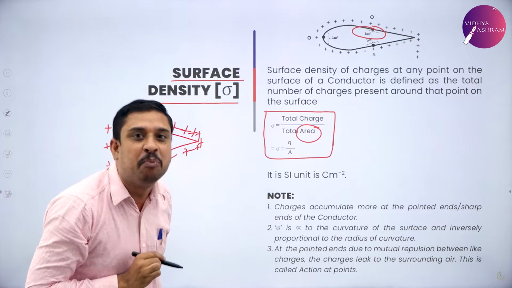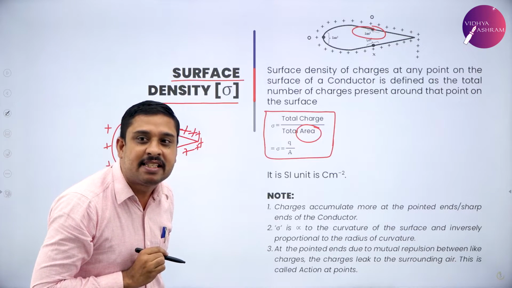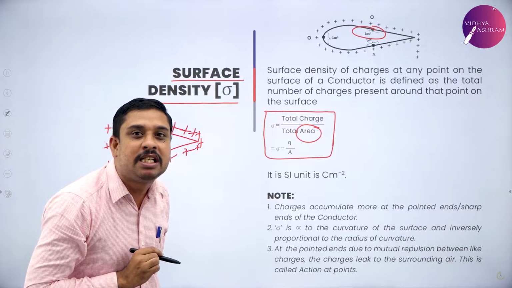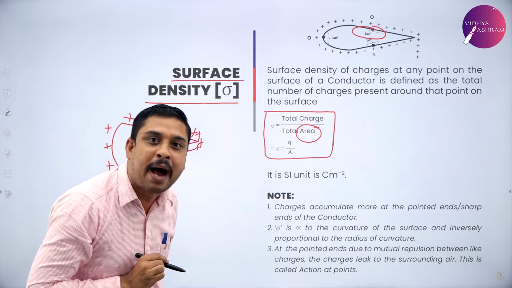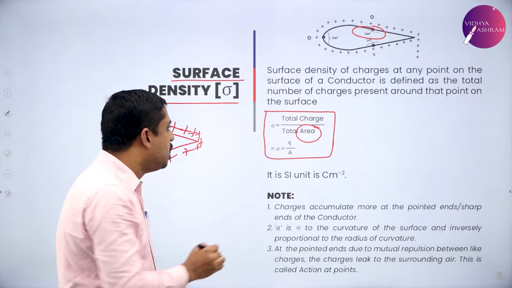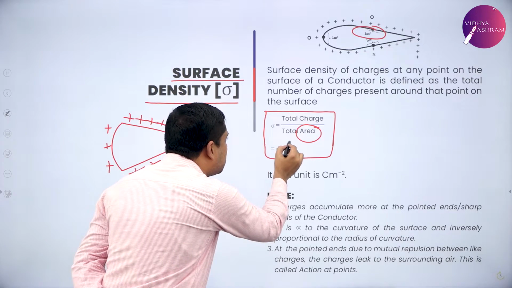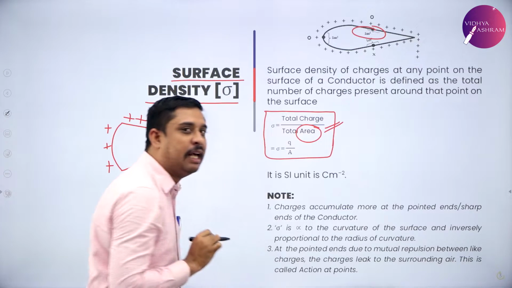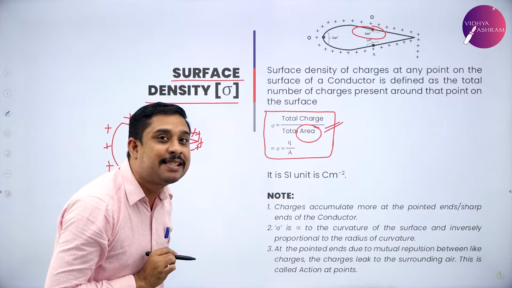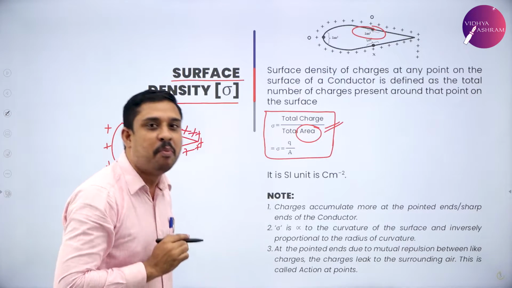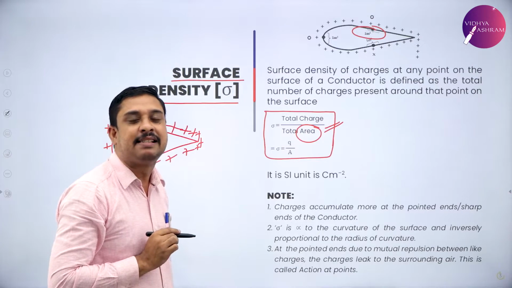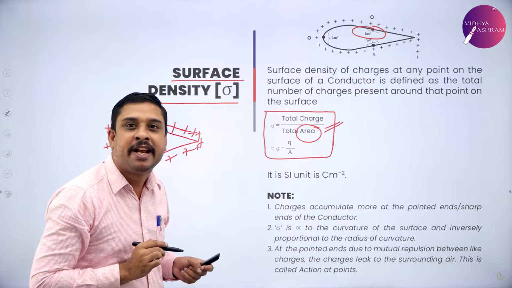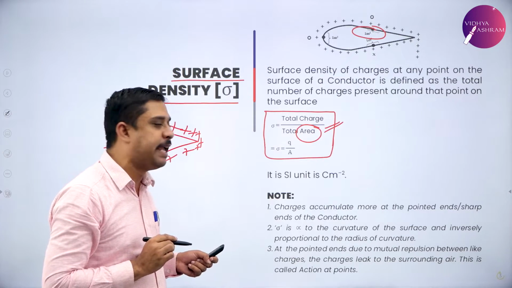Remember, sigma. Surface density is always total charge divided by total area. So we write sigma is Q divided by A. This is very phenomenal for me to understand Gauss law. Sigma, surface density, is always total charge divided by total area.